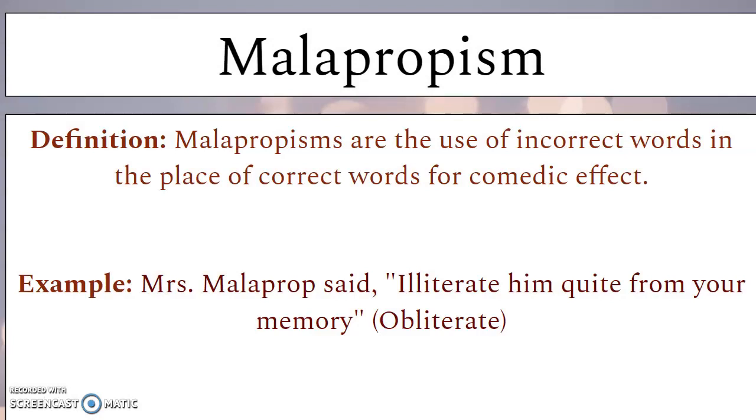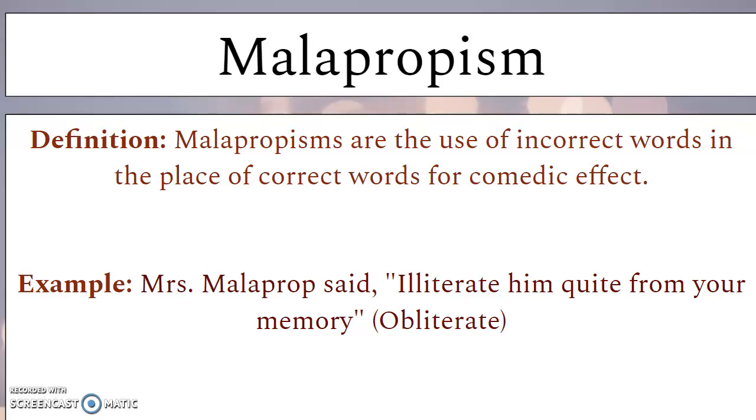A malapropism is the use of incorrect words in the place of correct words for comedic effect. These can sometimes be hard to distinguish or hard to pick out because you have to know the definition of the word and know that it's not placed in the correct context.